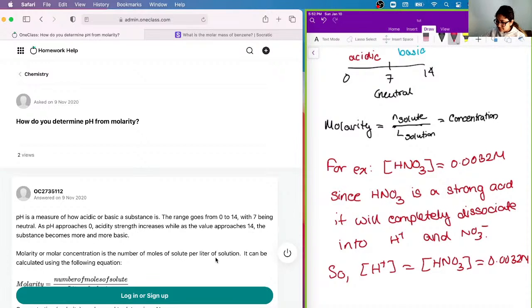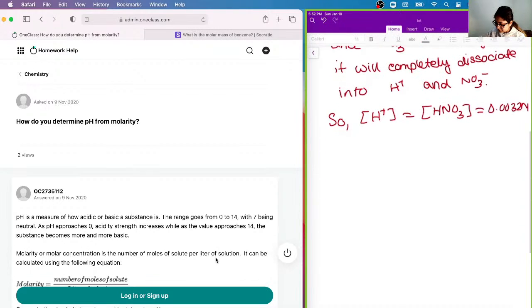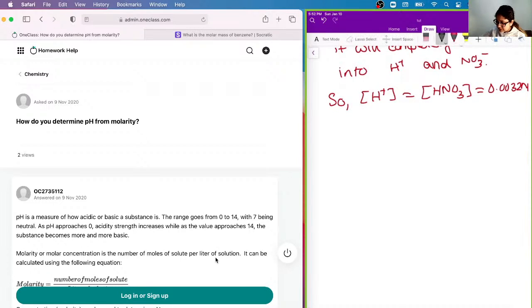Okay, and now to find pH, there's a formula where pH is calculated by the negative log of the concentration of your hydrogen ions. And so you substitute the value of 0.0032 into this.